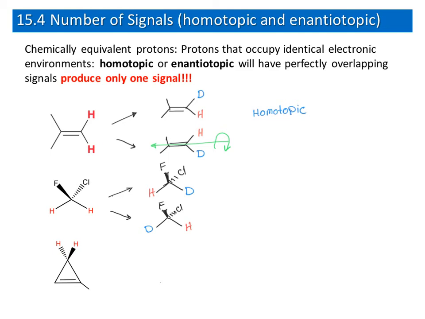Now I need to examine the relationship between these two structures. First of all, replacement with deuterium forms a chiral center in both of these structures, and there is no pre-existing chiral center in the molecule, so these two structures are basically enantiomers, and these two protons should be enantiotopic protons.